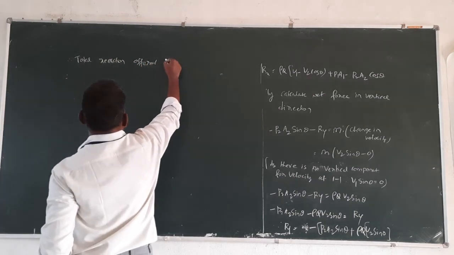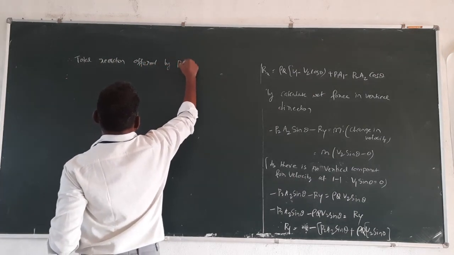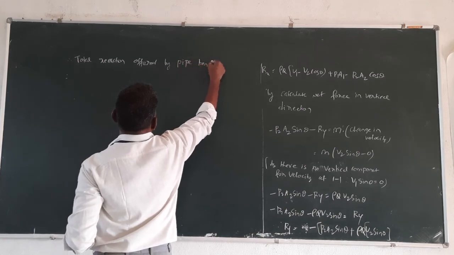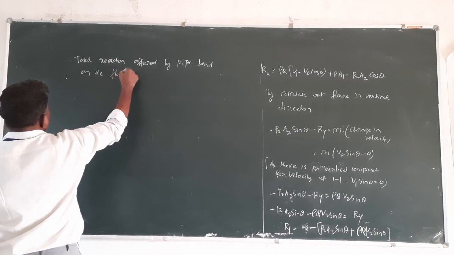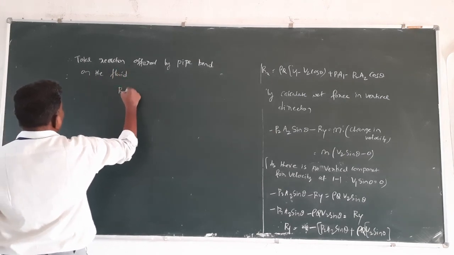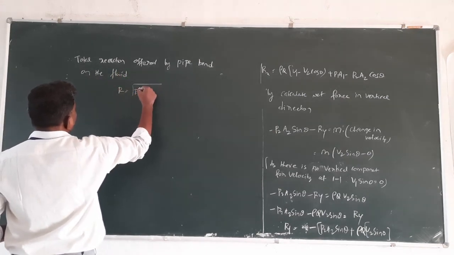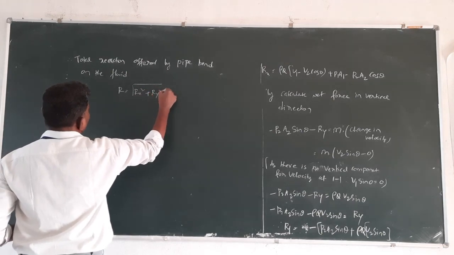The total reaction offered by the pipe bend on the fluid: R is equal to square root of Rx square plus Ry square.